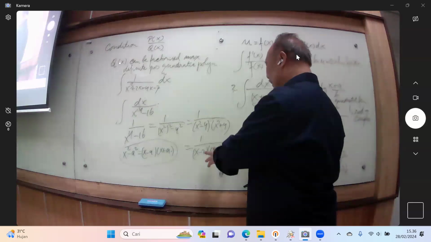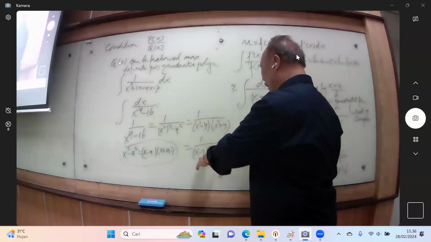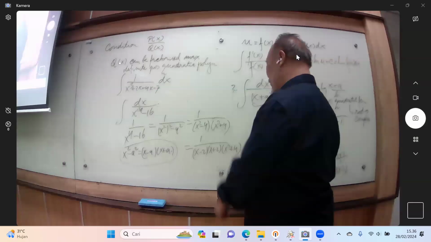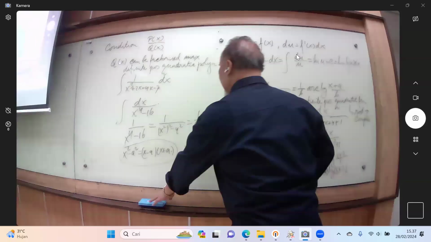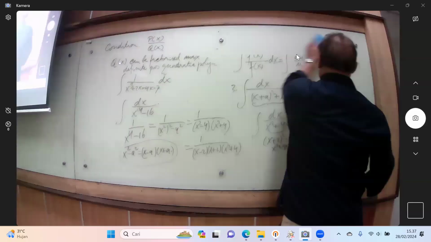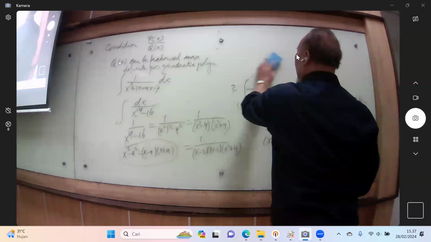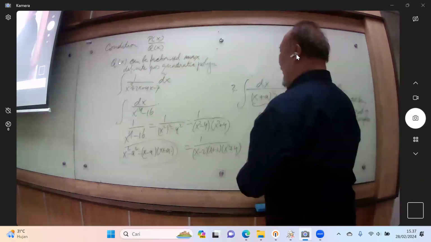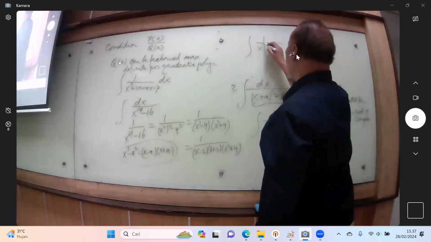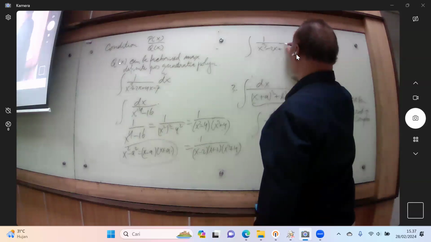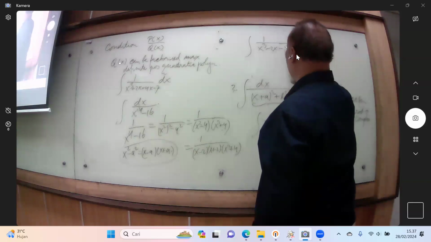So the idea is, this has power 1, and this has power 2. We can also, for example, take the integral of 1 divided by x cubed minus 2x squared minus 8x dx.